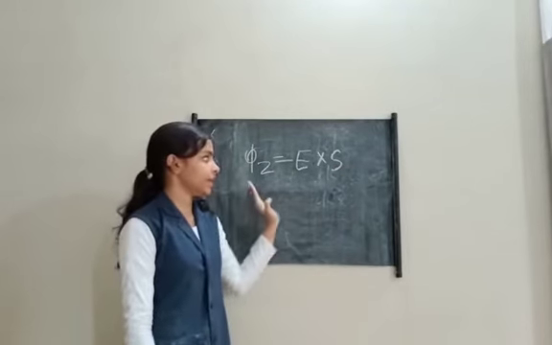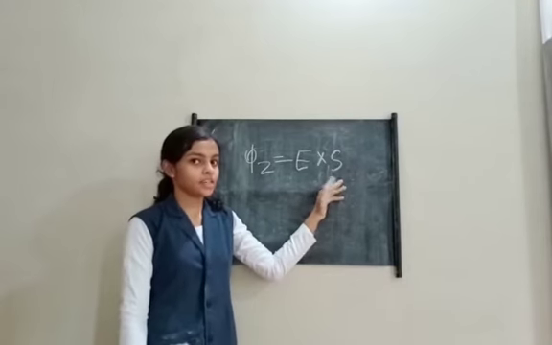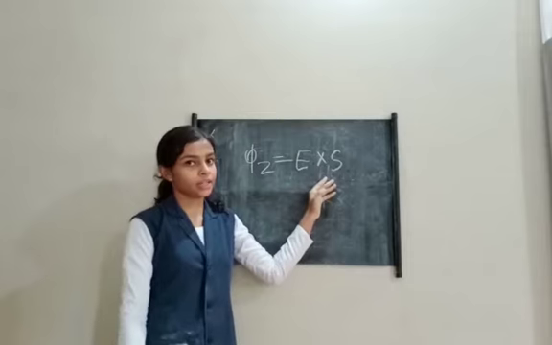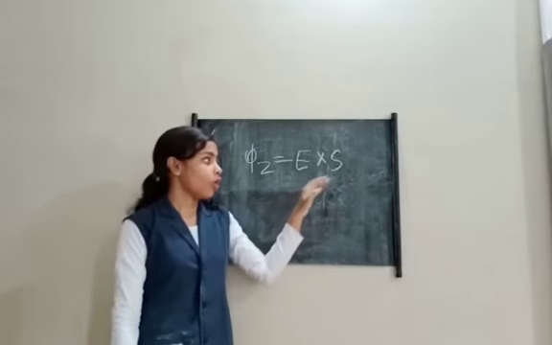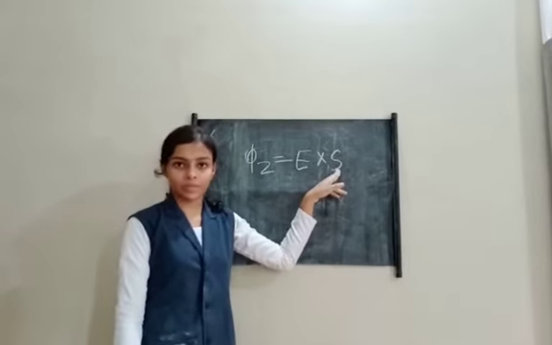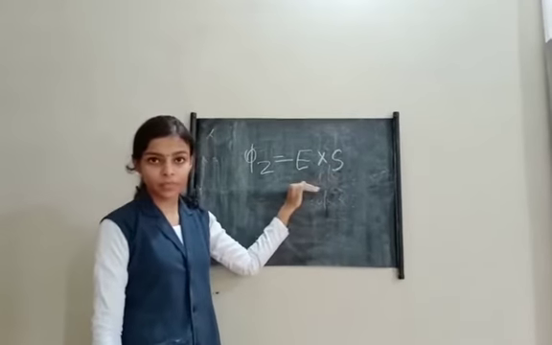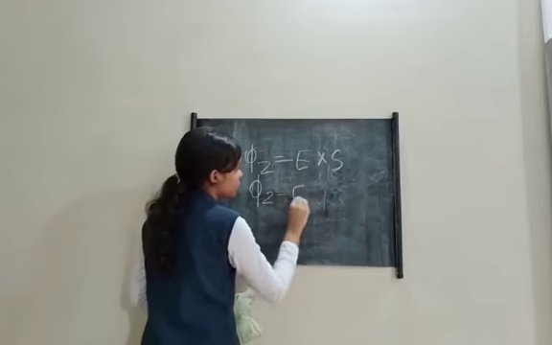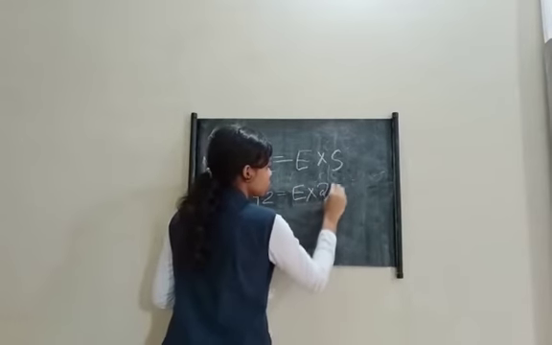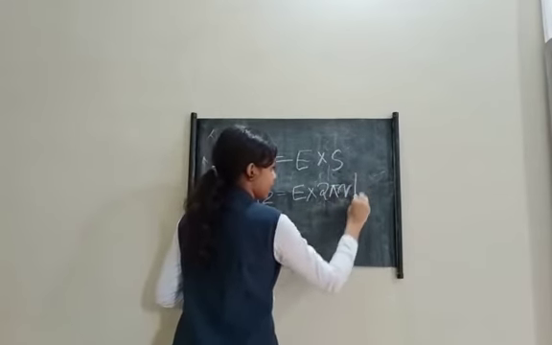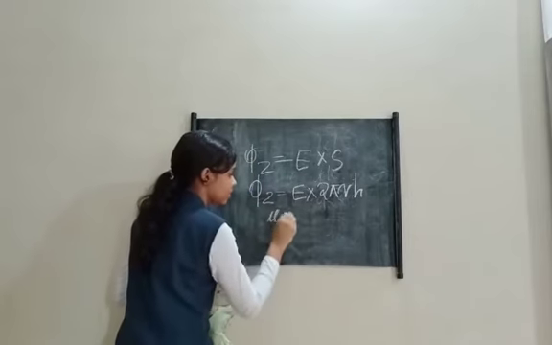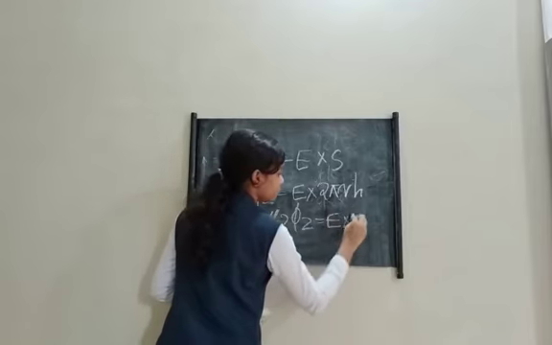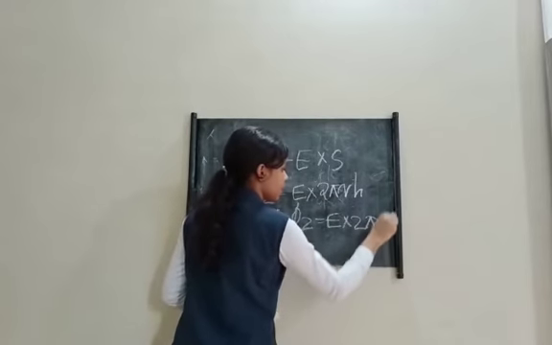We know that the area of the curved surface is 2 pi RH or 2 pi RL. Here the height of the thin conductor can be replaced by L. So the equation becomes phi2 equal to E into 2 pi RH, that is phi2 equal to E into 2 pi RL.